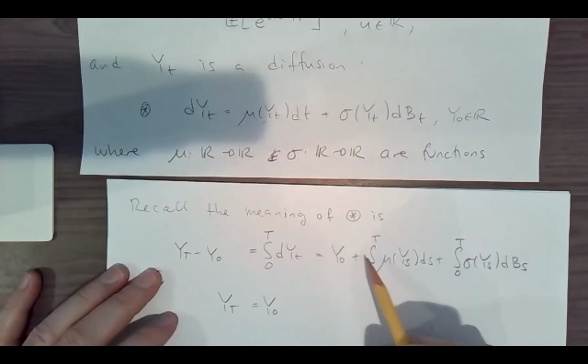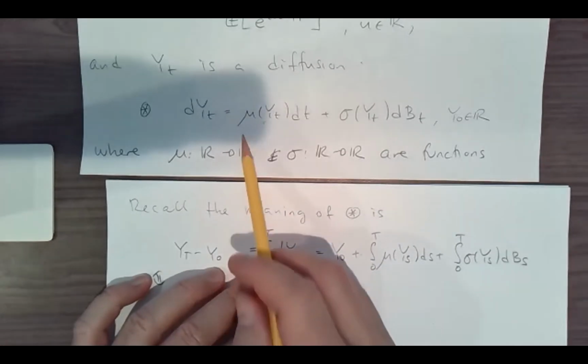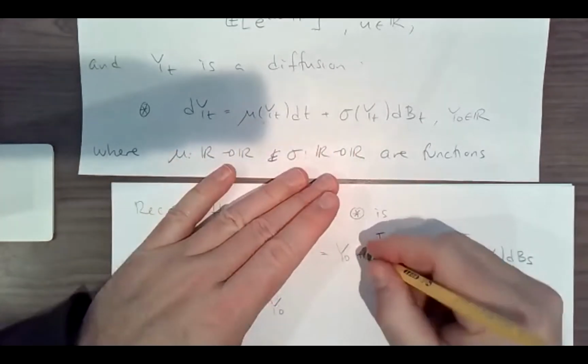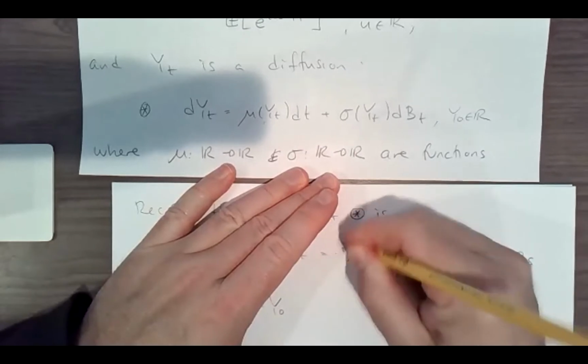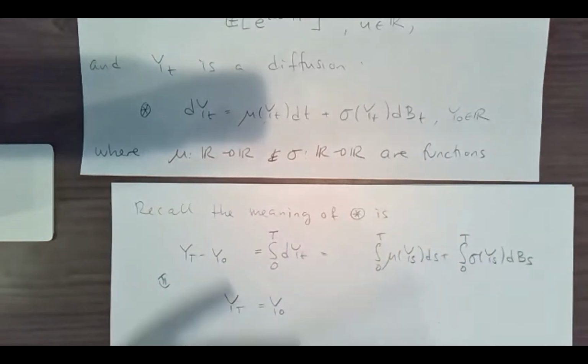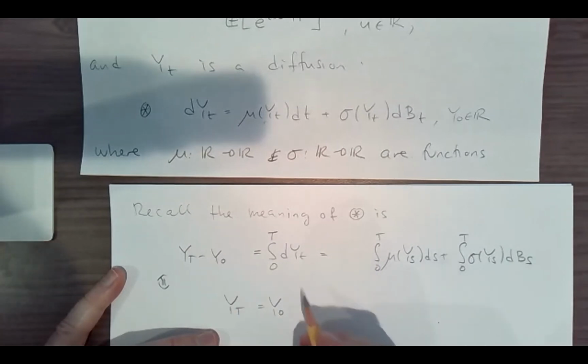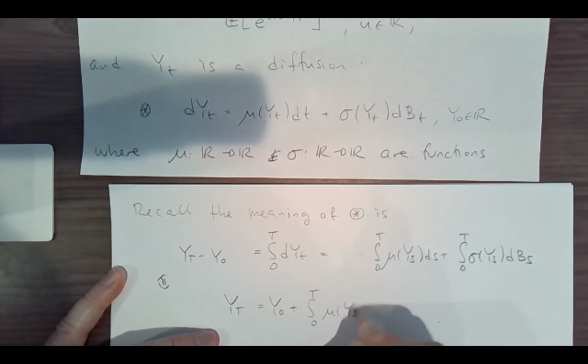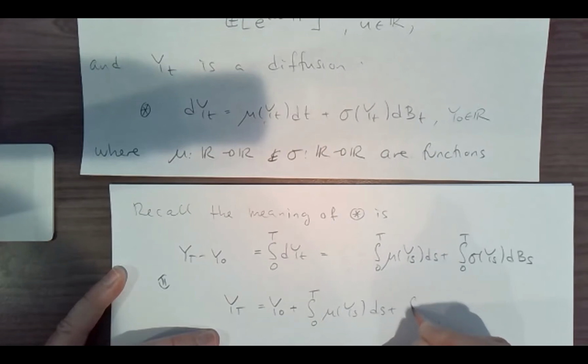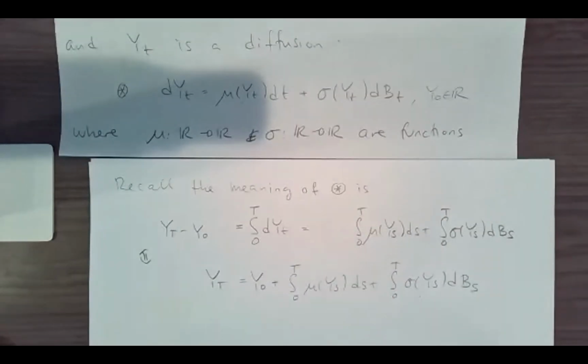Why should there be no Y_0 here? You're integrating dY, so I'm just plugging in what dY is up there. Too many mistakes here. Now you move the Y_0 to the other side, and you get this integral form of Y.